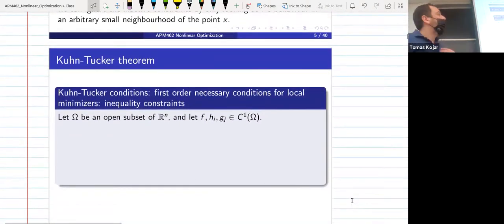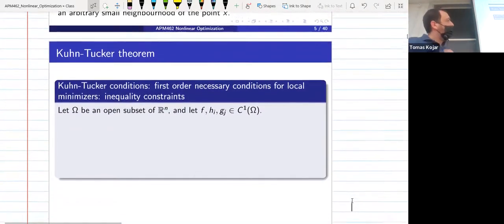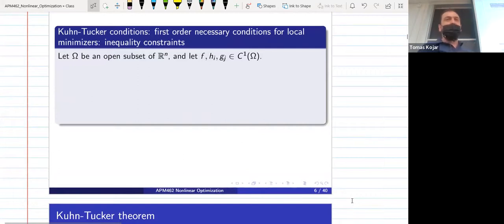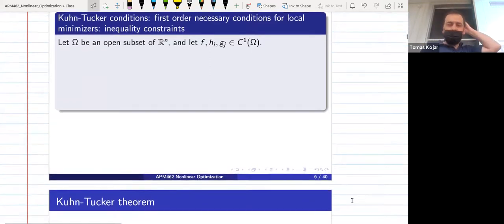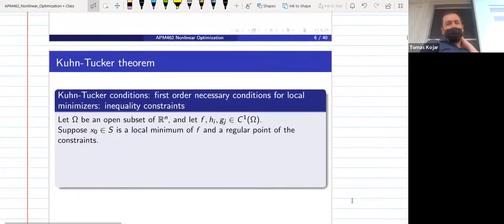All right, so this is a very famous theorem called Karush Kuhn Tucker, or Kuhn Tucker, for the first order, and Karush Kuhn Tucker for the second order. It gives you a local min for inequality constraints.